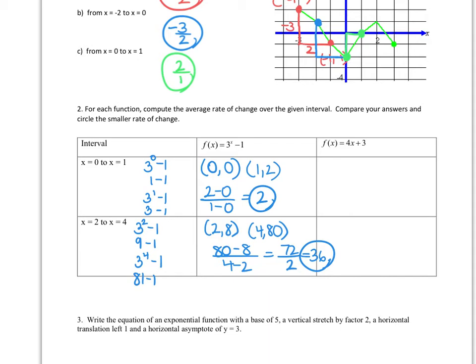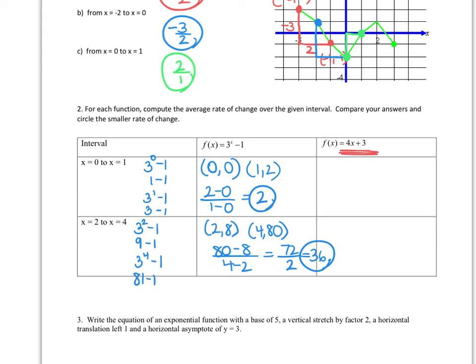And now our next one, f of x, is a linear function, 4x plus 3. Could we go through and find our ordered pairs at 0 and at 1 and do slope, and then at 2 and 4 and do slope? Sure. But since this is a linear function, we know linear functions have a common rate of change over the entire function.